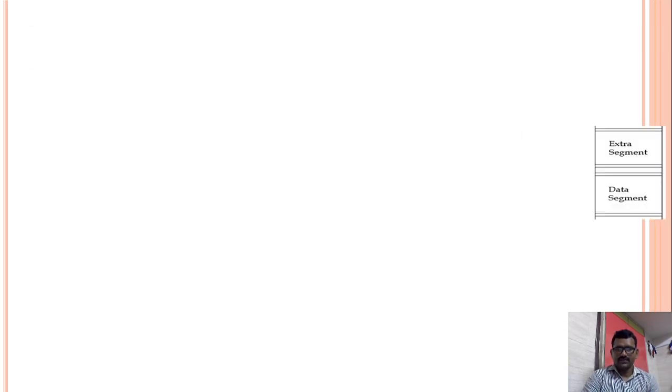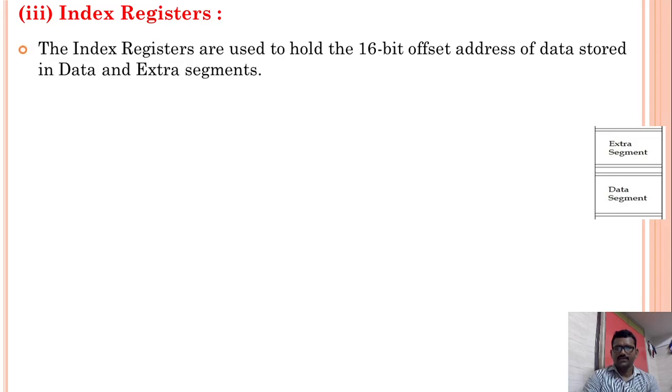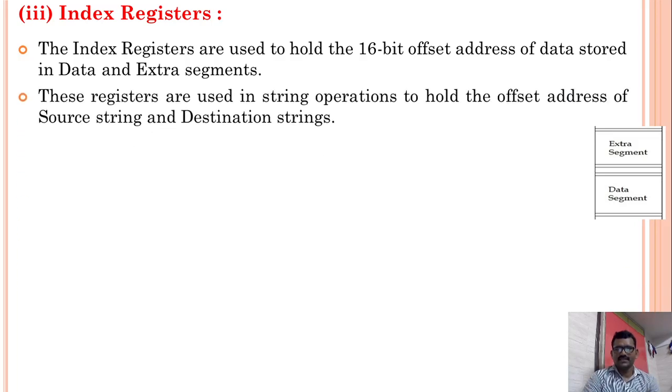Coming to index registers, there are 2 index registers used to hold the 16-bit offset address of data segment, which is stored in SI, source index, and extra segment, which is stored in destination index register.